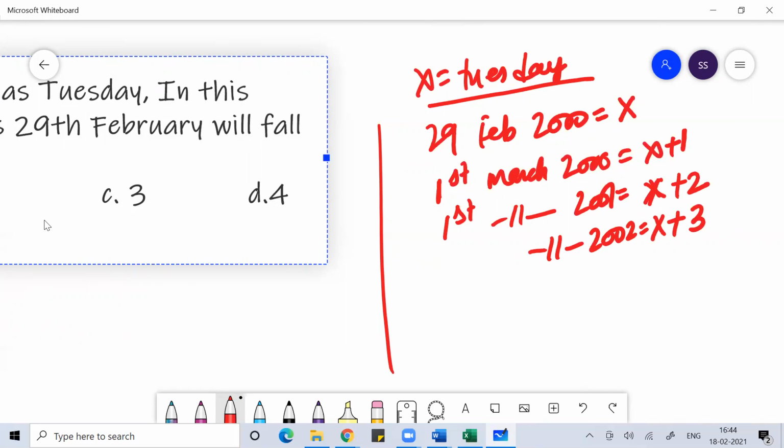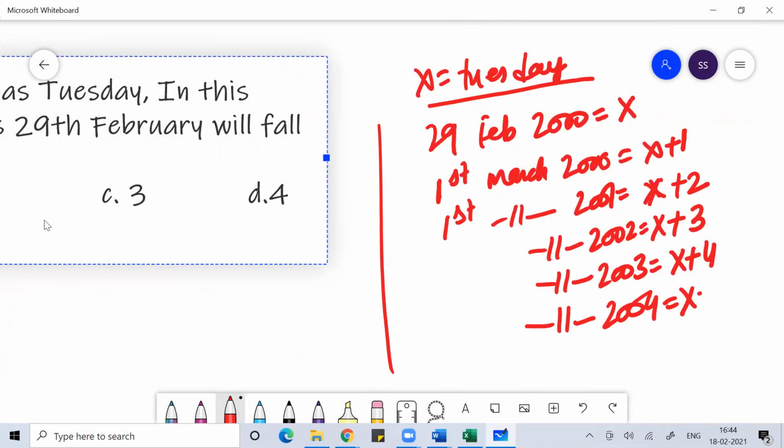Then 1st March 2003 will be x plus 4, and 1st March 2004, a leap year, will be x plus 6. So 29 Feb 2004 will be x plus 5. I hope you're getting the logic.